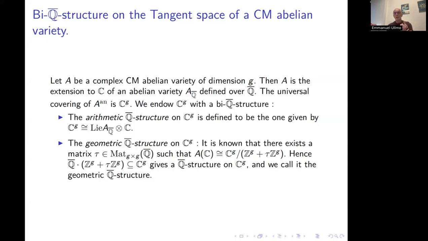But now τ is really a matrix with coefficients in Q-bar. And so the Q-bar space generated by a basis of the lattice Γ is a Q-bar subspace of dimension g in C^g. And we call this the geometric Q-bar structure.